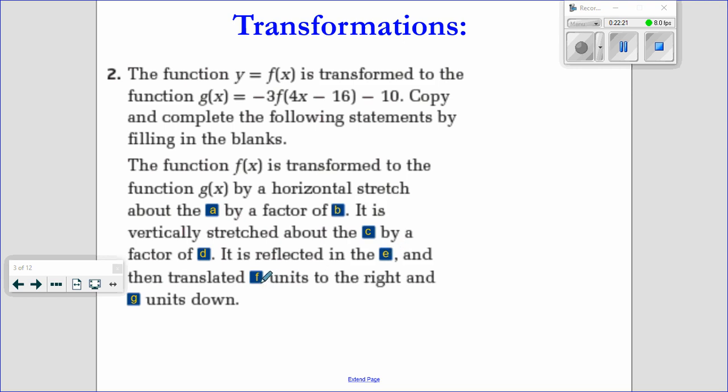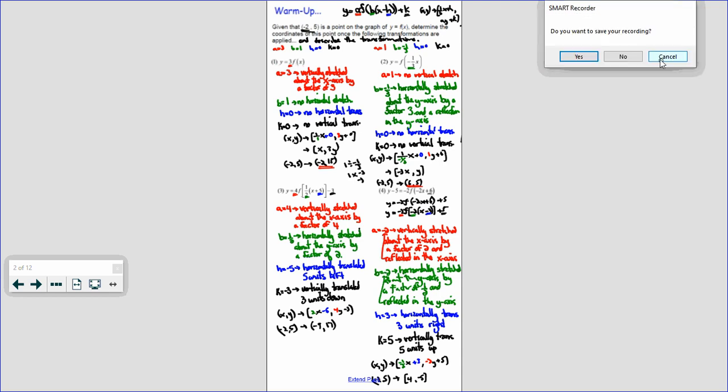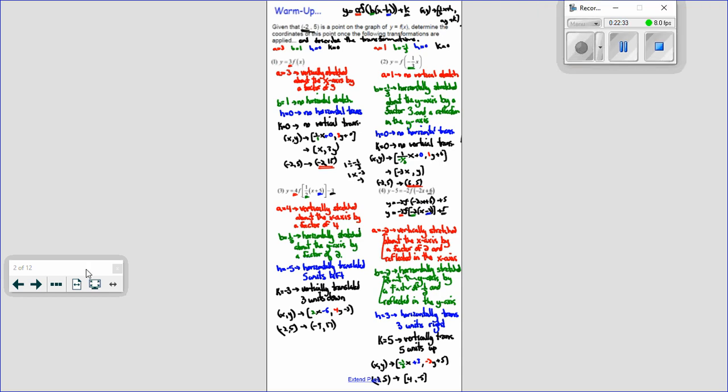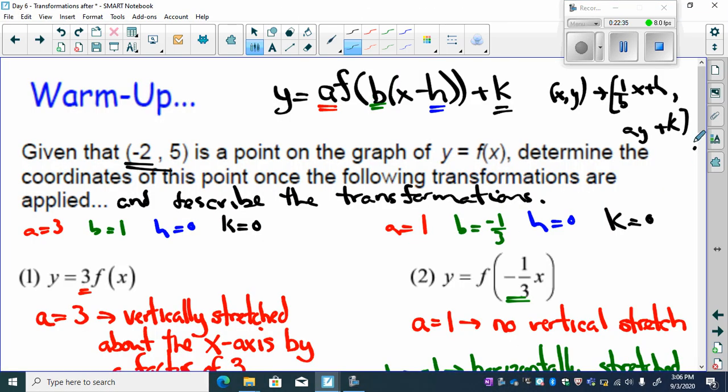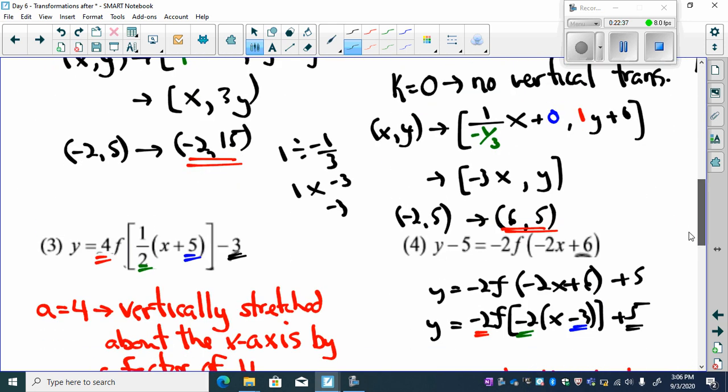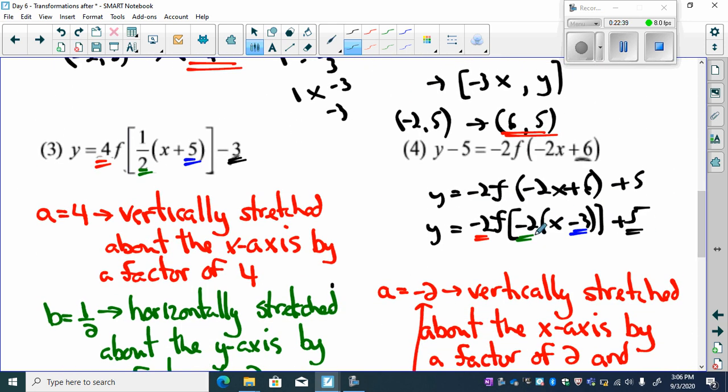And then translate it blank units to the right and blank units down. So first thing you need to do is factor that 4 out, just like I did in this example right here. Okay, I factored here. Best of luck.